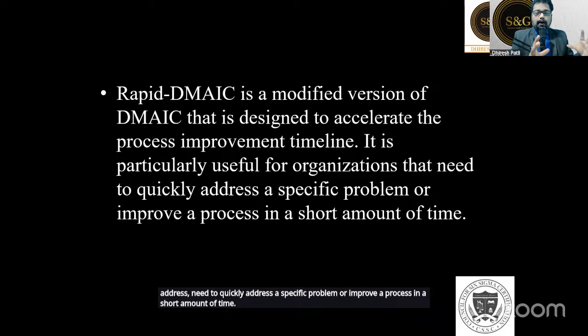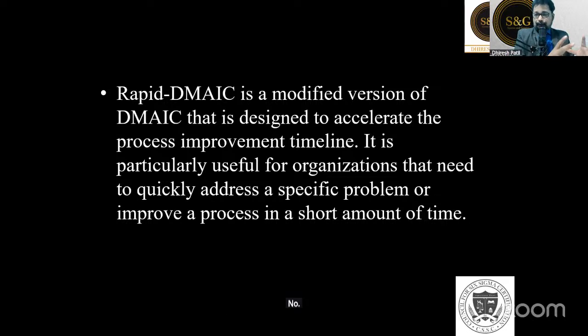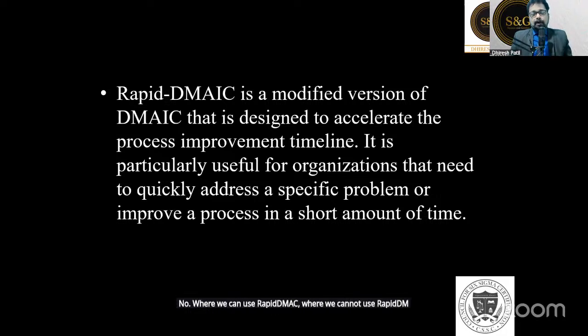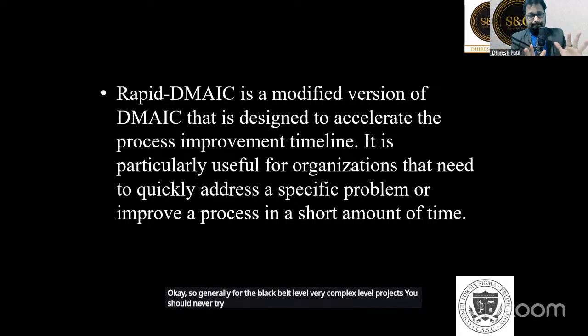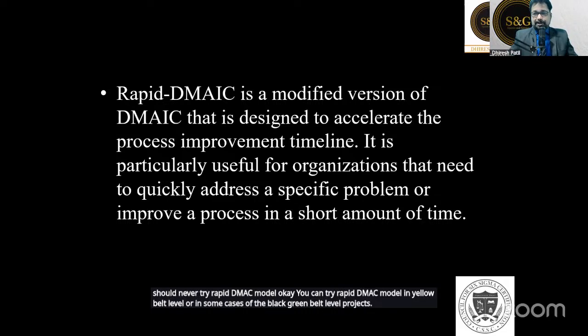Where we can use rapid DMAIC and where we cannot, I will explain. Generally, for black belt level, very complex projects, you should never try the rapid DMAIC model. You can try it at yellow belt level, or in some cases green belt level projects.